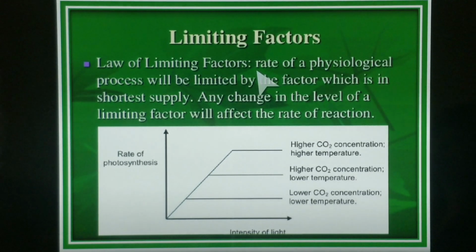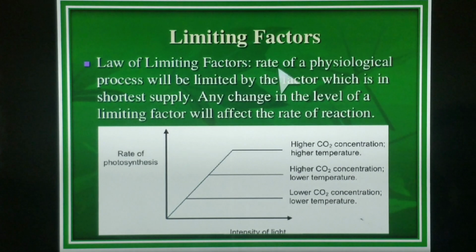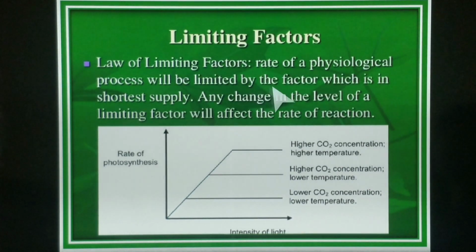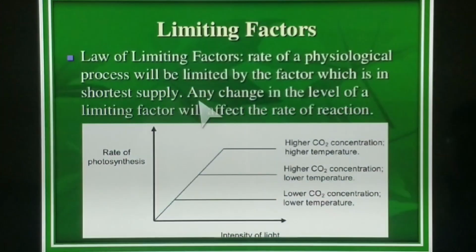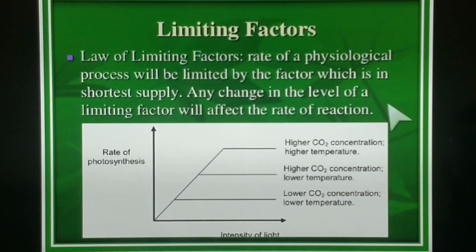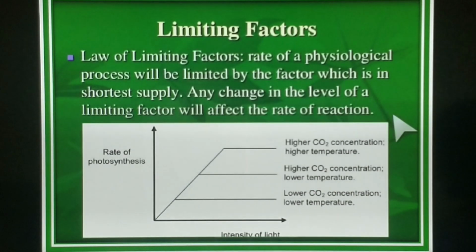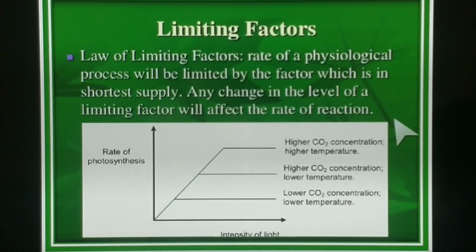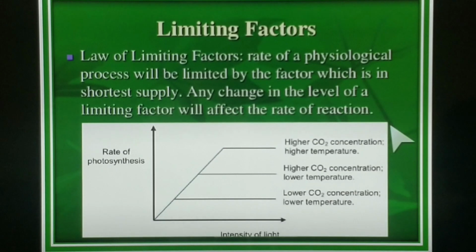So what is limiting factor, or what is the law of limiting factors? It says that rate of a physiological process will be limited by the factor which is in shortest supply. Any change in the level of a limiting factor will affect the rate of reaction. That is, the factor which is in its minimum or least concentration or amount would decide the rate of photosynthesis process.